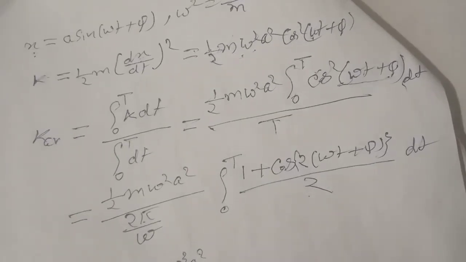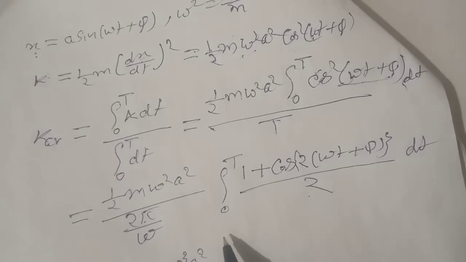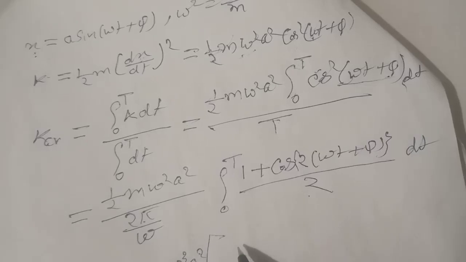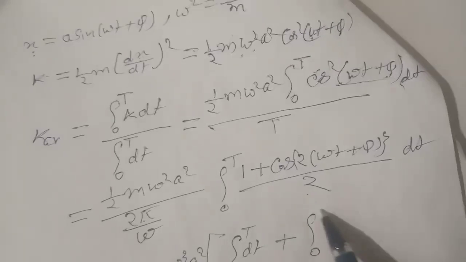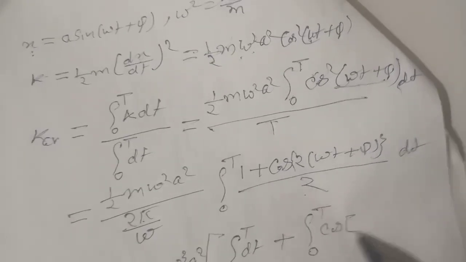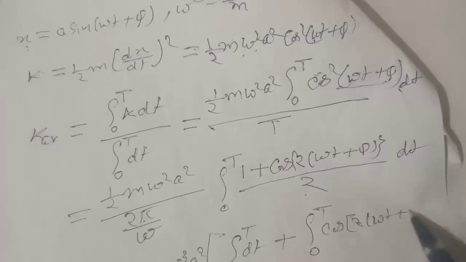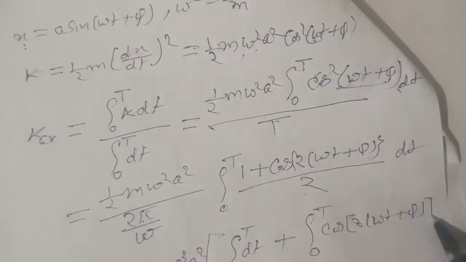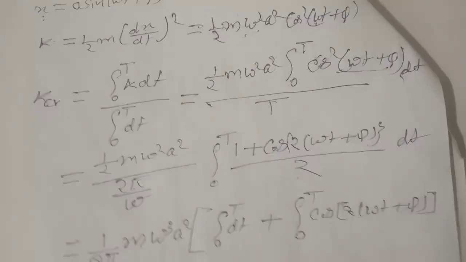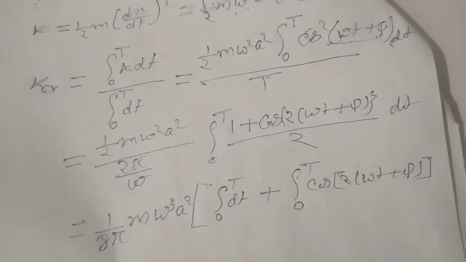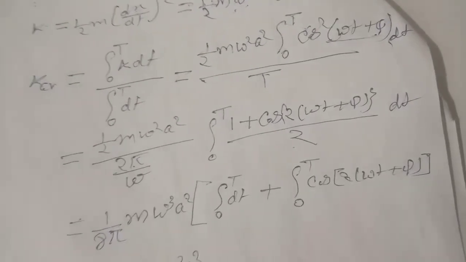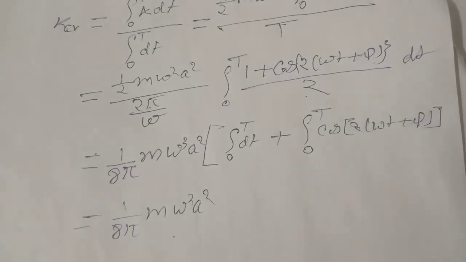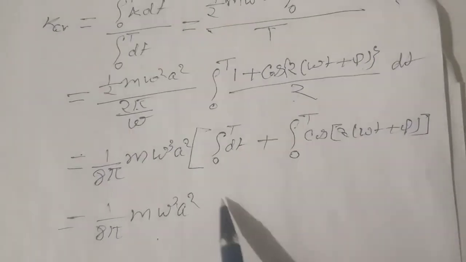Now integrating it, taking separate integrations: first integration 0 to T of dt, plus integration 0 to T of cos (2 omega t plus phi) over the time period T. So we have 1 by 8 pi m omega cube a square, and now put the value.